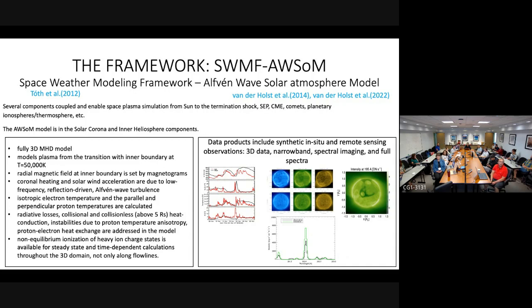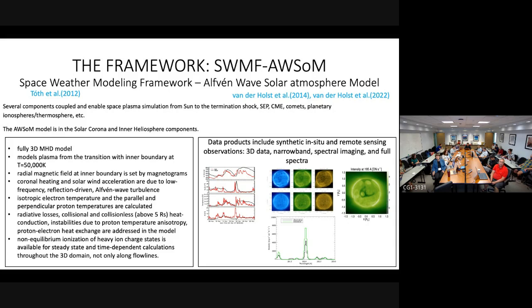in the model. And recently, we added non-equilibrium ionization of heavy ion charge states up to zinc from the CHIANTI tables. And we can calculate these ionization distributions for the heavy ions throughout the 3D domain, not only along field lines, both in time-dependent and steady-state mode.